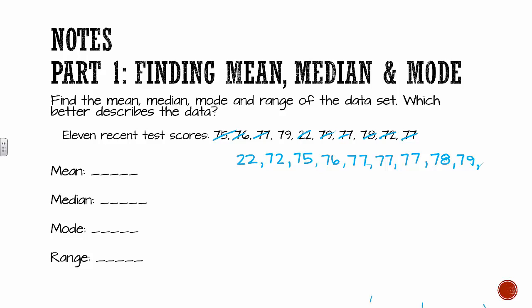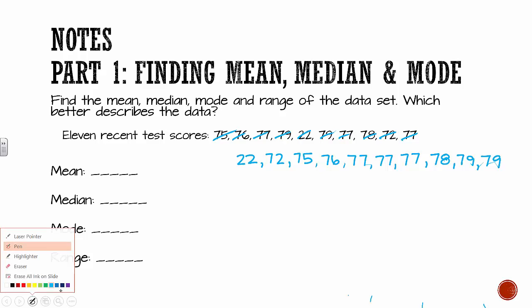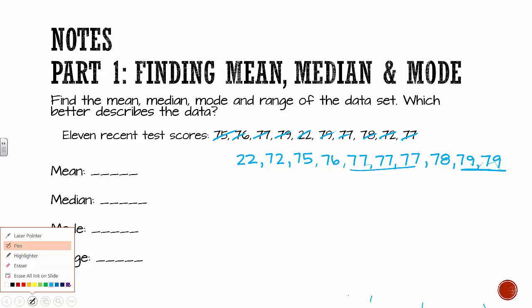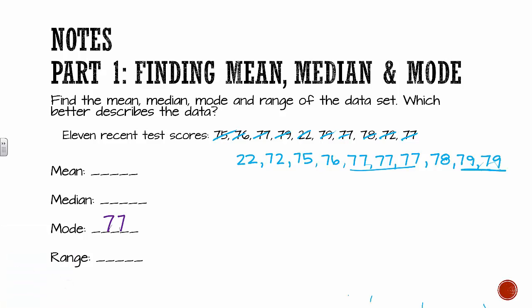We have another 79. So now that my data is all in a row, it makes it really easy to find the mode. I have 2 numbers that appear more than once, 77 and 79. Since 77 appears more times, 77 is my mode.